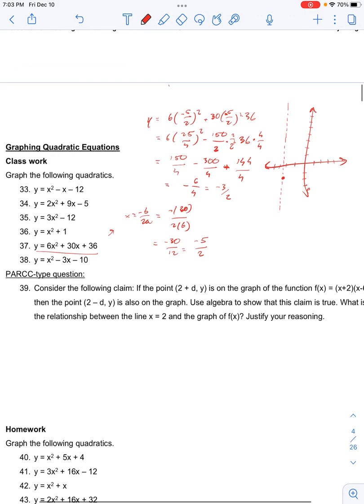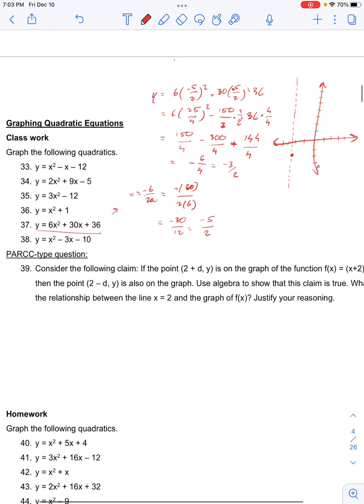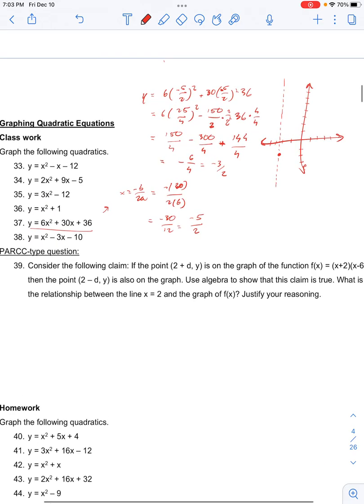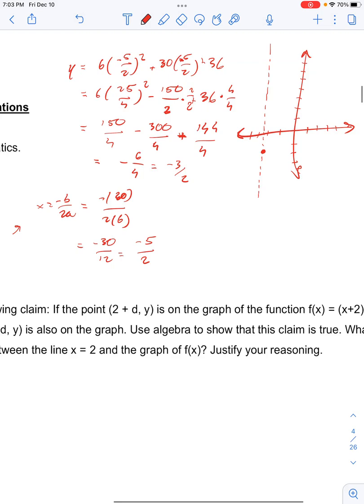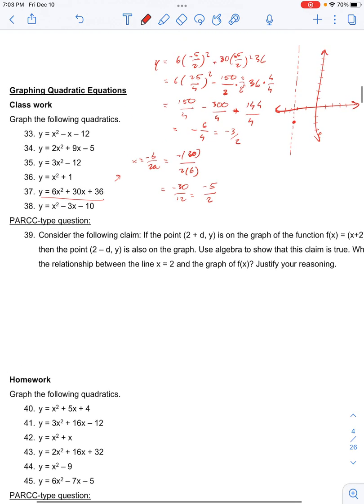And if we plug in a number very close to it, like let's say x equals negative 2 right here. So if we make a table of values for this, we have x and y, and we plug in x equals negative 2, then we would have 6 times negative 2 squared plus 30 times negative 2 plus 36.